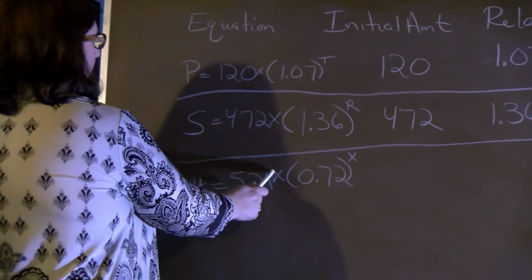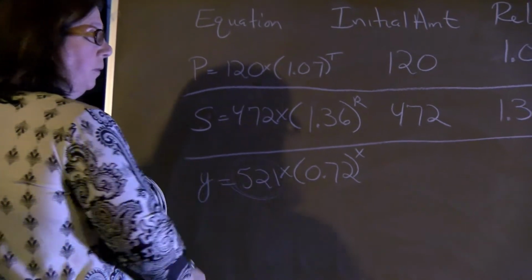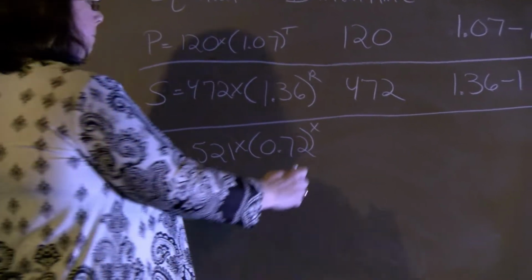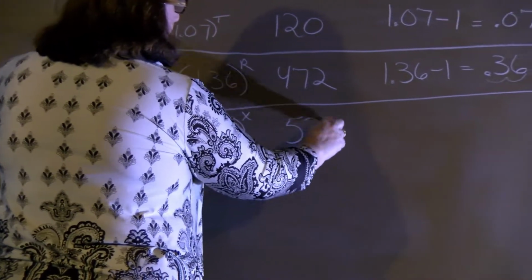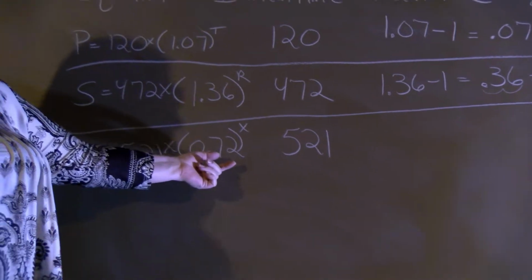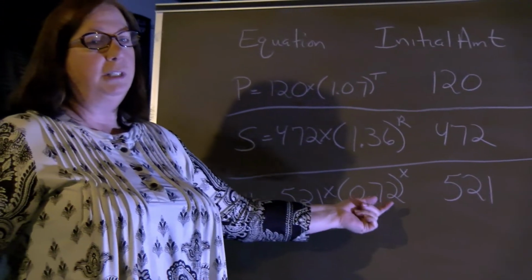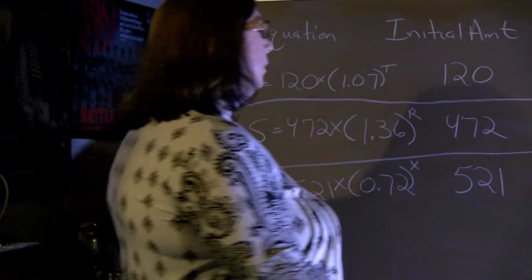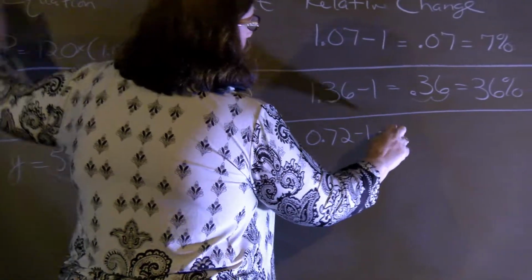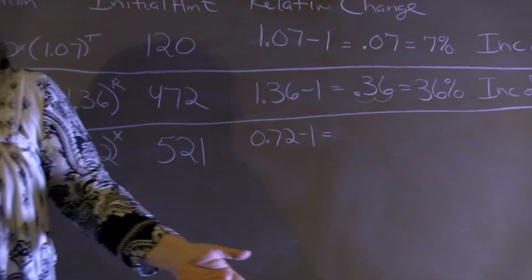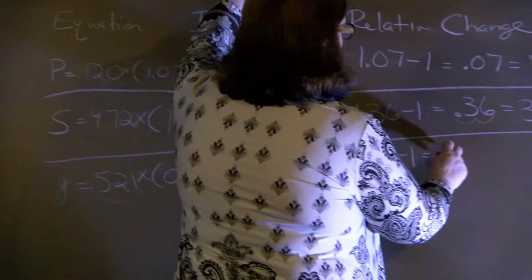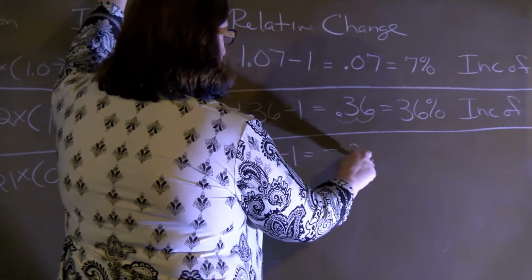But the initial amount is the 521. It's always the amount by itself. Relative change comes from inside, the part that has the exponent on it. So take it and subtract 1. Now when we do this one, notice you're getting a negative answer. Should get a negative 0.28.